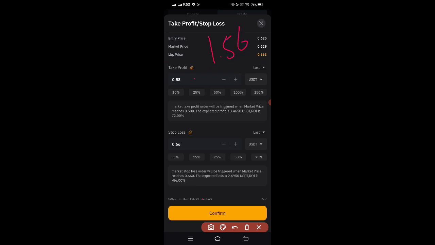And the first TP was, I'm sorry for that, 0.58. Is that clear? 0.58 is your TP1, in which you put, this is your stop loss, right?